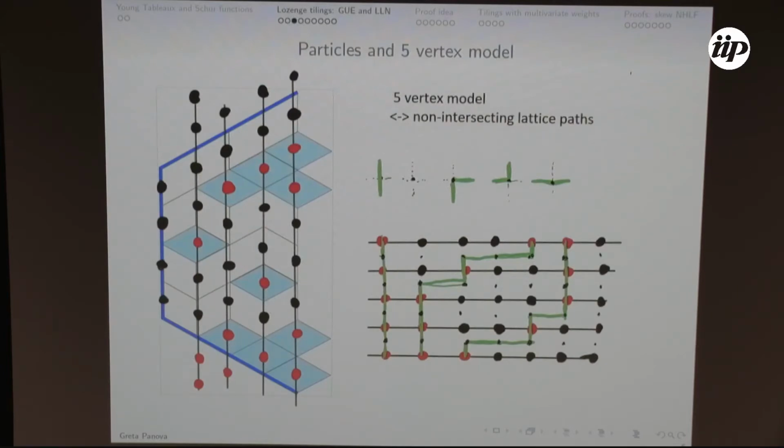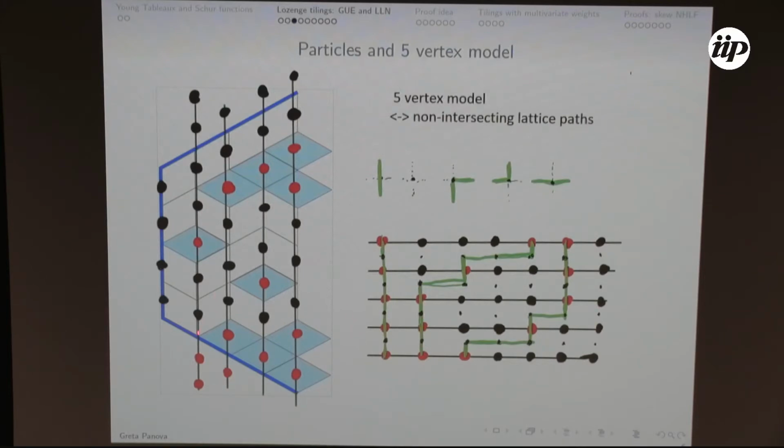But there is a way to see these lozenge tilings as non-intersecting lattice paths. Semi-standard Young tableaux also correspond to non-intersecting lattice paths, and non-intersecting lattice paths correspond to the 5-vertex model. So what are the lattice paths?